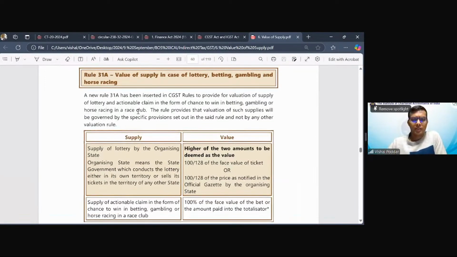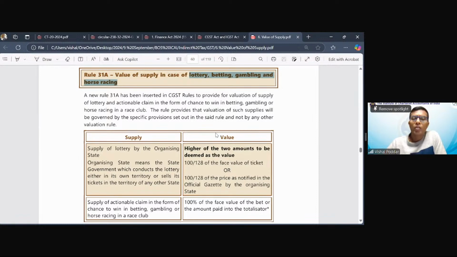So, what it says, 31A, value of supply in case of this business: lottery, betting, gambling, horse racing. Now, first understand what is this value of supply, or what is, sorry, what is the supply? The supply is of the bet amount. Like in case of lottery, you are buying the lottery ticket of rupees 100.